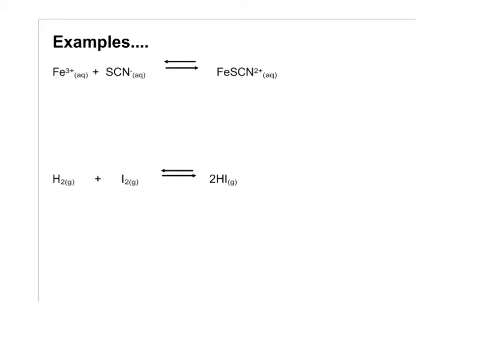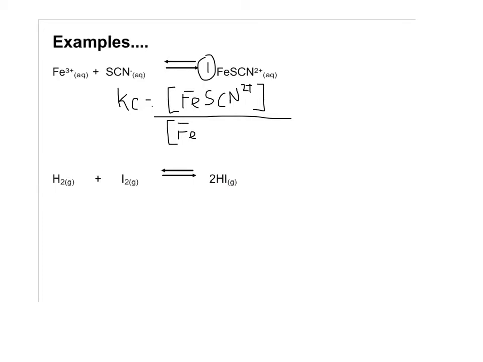So we have two examples here. The first one is iron plus a thiocyanate reacting to give iron thiocyanate. So our Kc would be our products, which is Fe(SCN)2+, raised to its coefficient, which is just 1, divided by the concentration of our reactants.